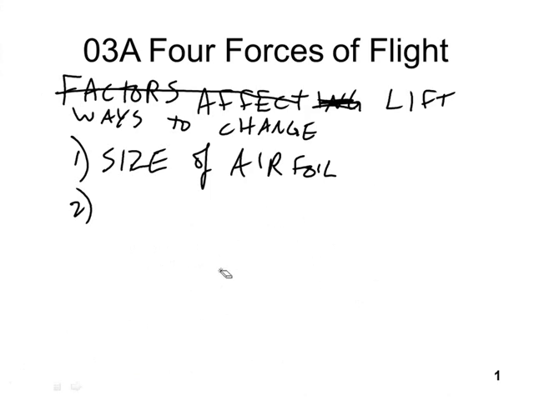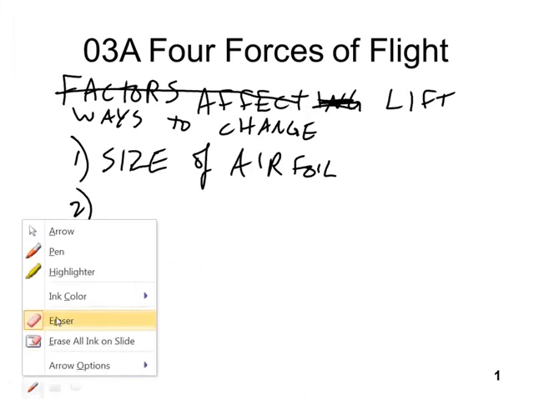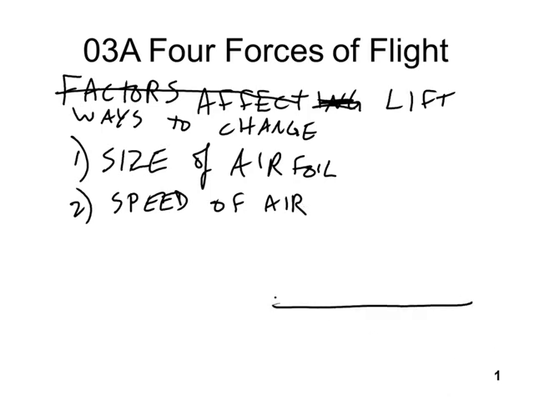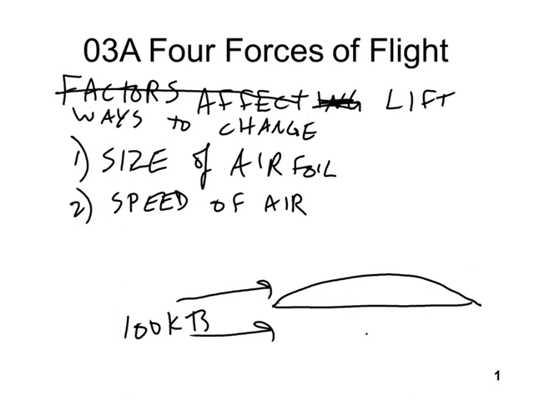So Rodrigo had a good thought there, and it is yes. The speed of air. Remember the 3 things we got to have. We got to have an airfoil, we got to have air, and we have to have motion between the 2. So if we have an airfoil and we blow air across it, and let's say it's going 100 knots, and let's just say for fun that the lift is 1,000 pounds of lift.